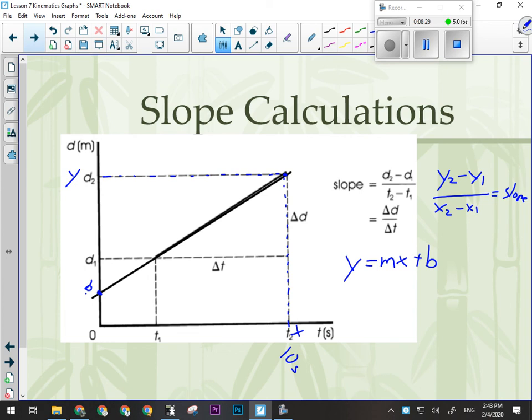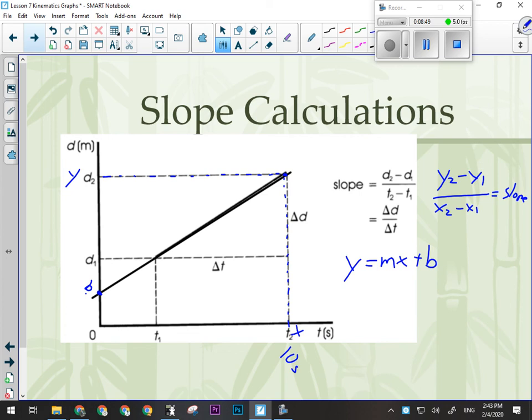Because I would know what m is, I'd know what b is, and I'd know x is 100 seconds. Even though that's not on the graph, the graphing equation would allow me to calculate it and extrapolate for a value that is not on the graph. That's the benefit of using y = mx + b. It can calculate things that are not only on the graph, but also not on the graph.